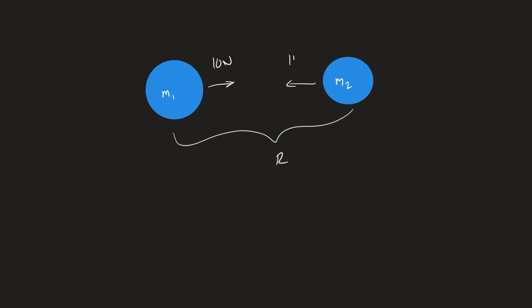I have two objects, m1 and m2, separated by a distance r, experiencing a mutual force of attraction of 10 newtons. Both masses are doubled, but the separation distance is cut in half. What's the new force of attraction?